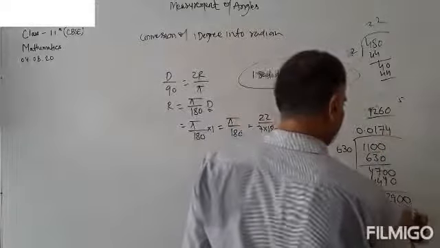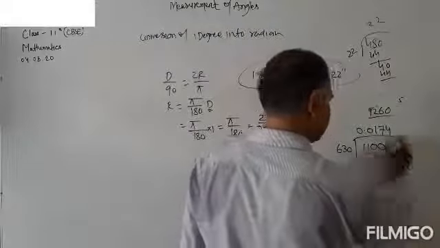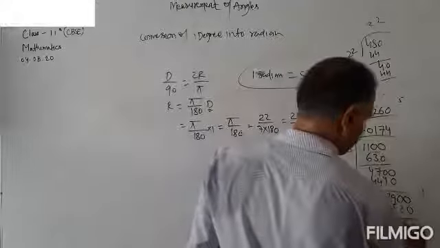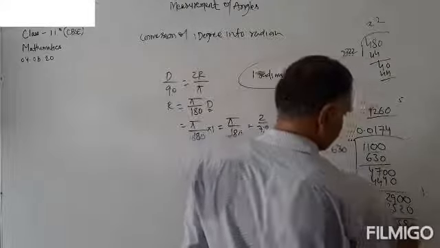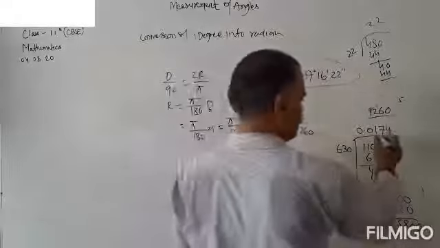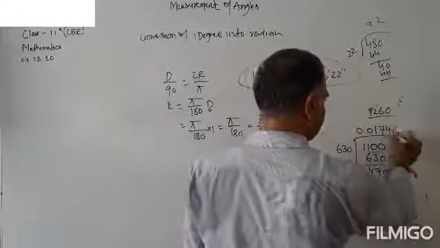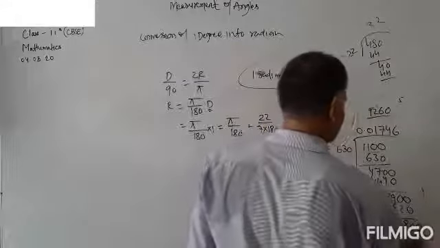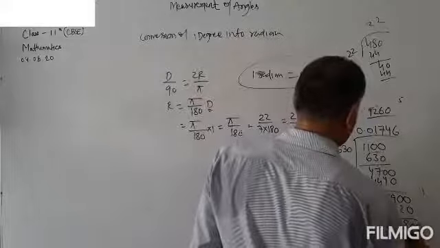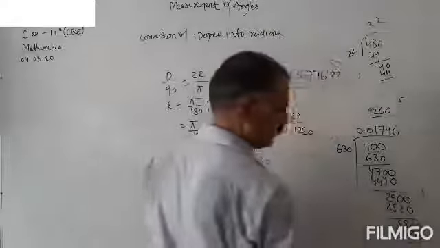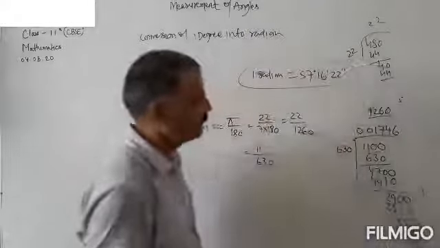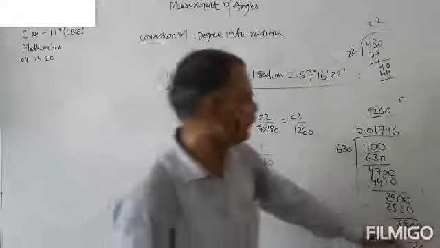So 2520, and 380. 380 again 3800. Then again divide it by 630, 6 times, 3780. 3780, means 20. So this is approximately 0.